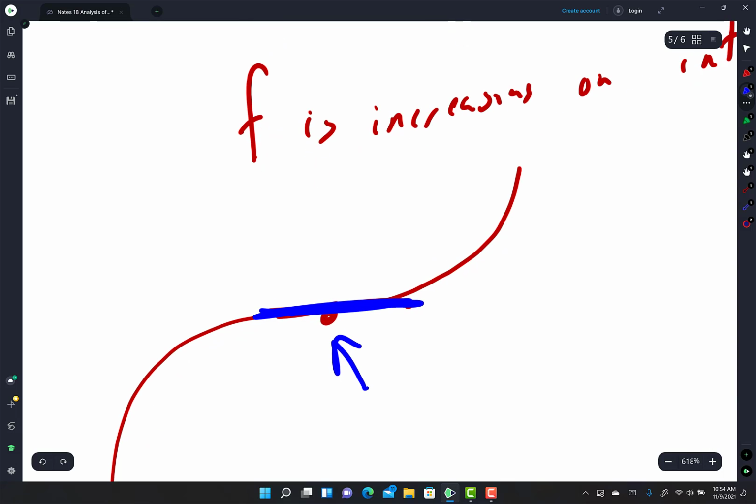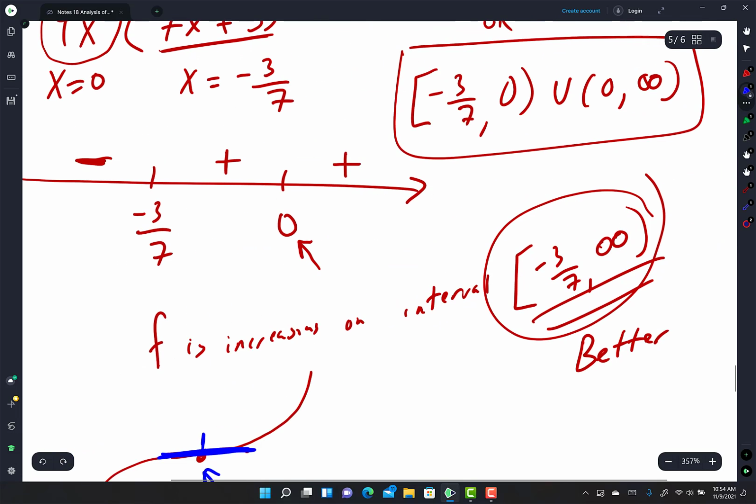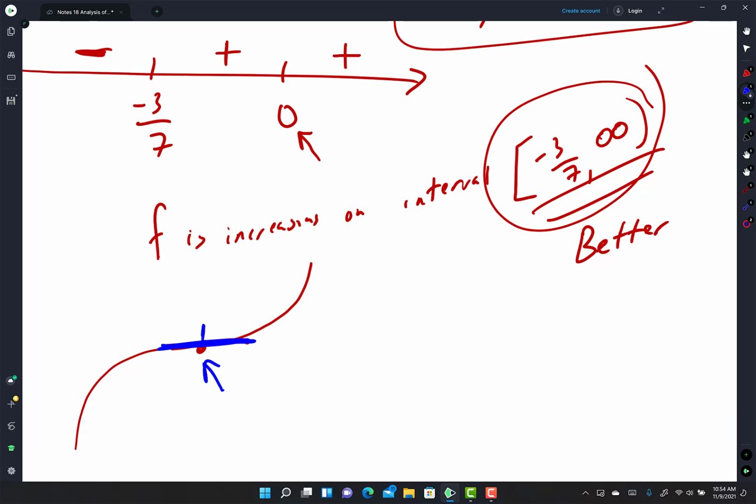At that moment, I know that I have a horizontal tangent. But the pixel to the right is still larger than the pixel to the left. And right here, this pixel in the middle is still larger than the pixel immediately to the left. Does that make sense? So even though at 0 you have a horizontal tangent, this is your best answer because you are technically still increasing on that entire part. Cool or not cool?